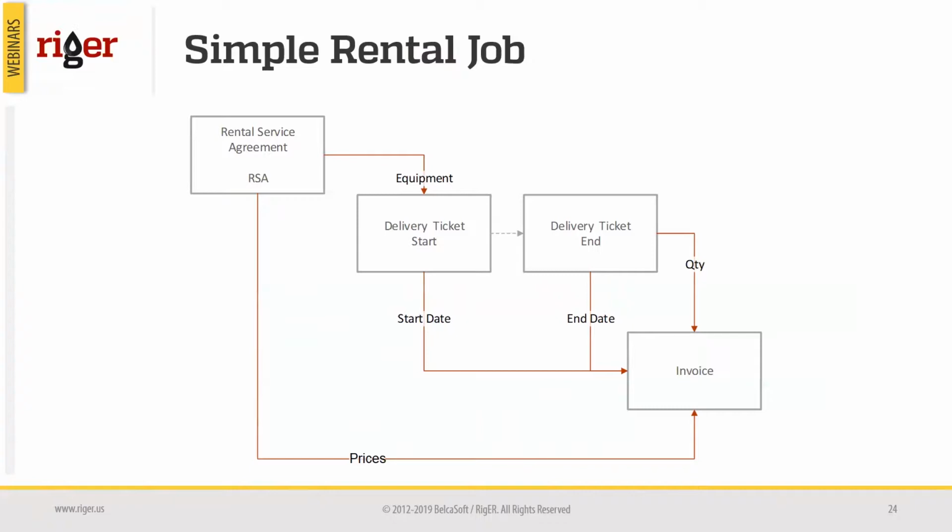Different companies use different names for those delivery tickets start. For example, it could be rig up, rig out, or delivery. But let's use start and end as universal terms, and the same approach. So we take the equipment information and quantity from the delivery tickets, and price information from the rental service agreement, and build the invoice.